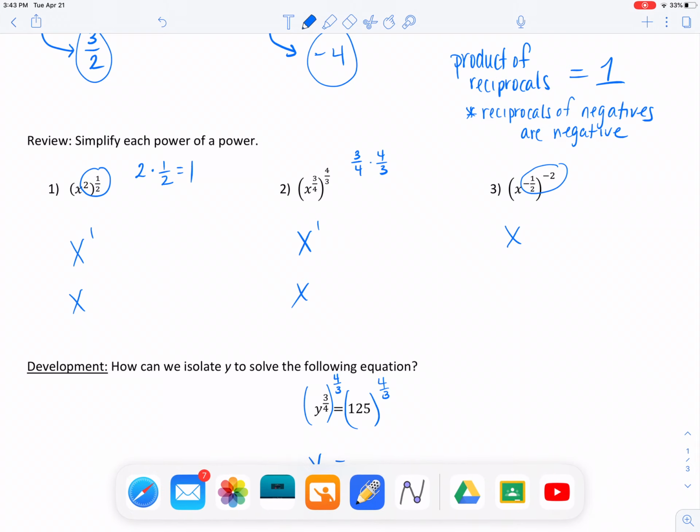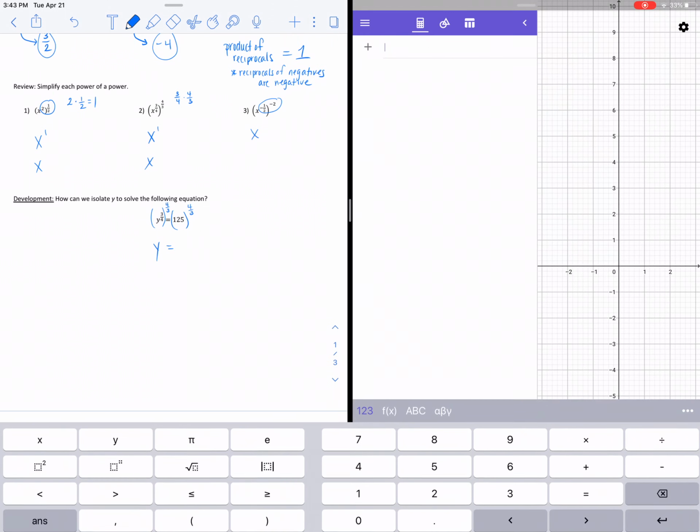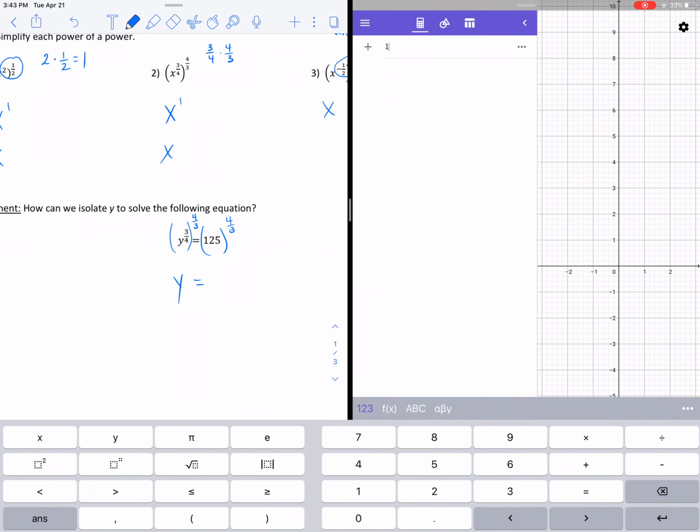But let's check the calculator. Make sure you know how to type that into the calculator. 125 to the 4/3 power, and it's really weird that it's giving you 624.9999999.